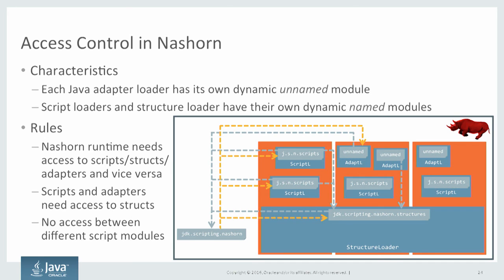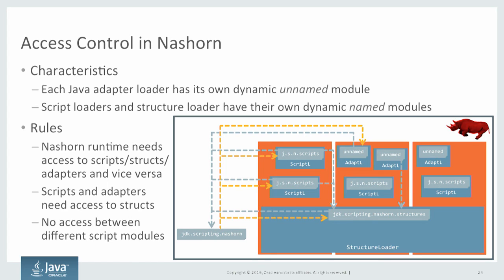So reviewing the access control requirements that we have in Nashorn. The Nashorn runtime should be able to access script classes, structure classes, adapter classes, and vice versa. Also, script classes and adapters should be able to access structure classes.